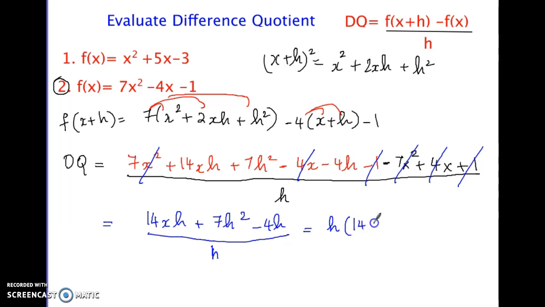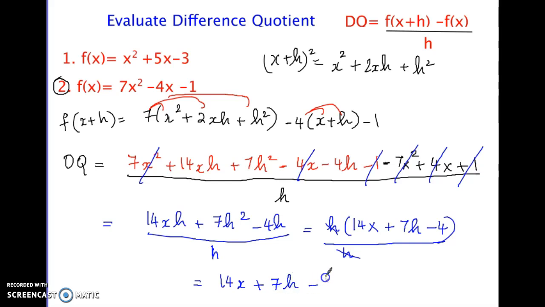Taking it out, we get 14x plus 7h minus 4 divided by h, and they cancel, and our answer becomes 14x plus 7h minus 4. That's our difference quotient.